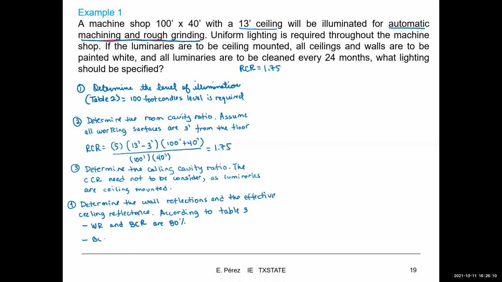And because the luminaries are to be ceiling mounted, the ECR is also 80%.